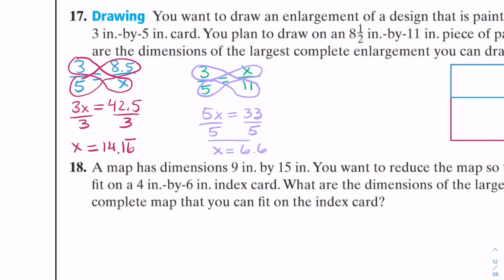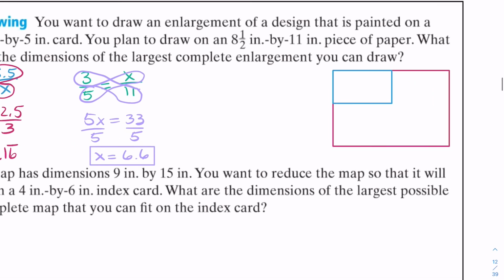So this is the one that will work. And notice that 14.16 was too much for the 11-inch piece of paper. So it's 8.5 by 11. But this one, 6.6, is less than 8.5. So really, we're going to expand it as much as we can, which will be 6.6.